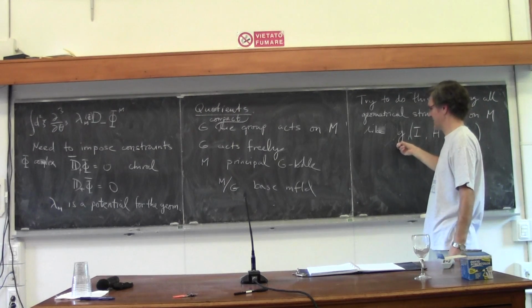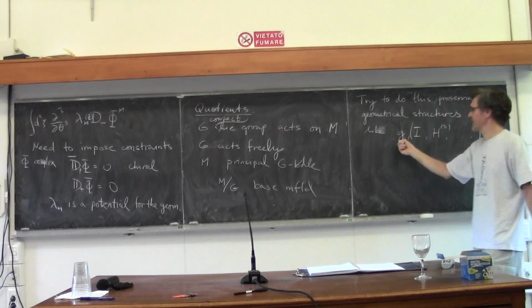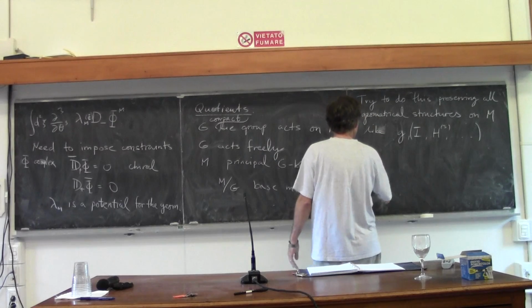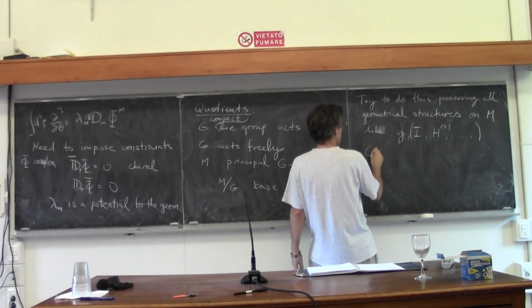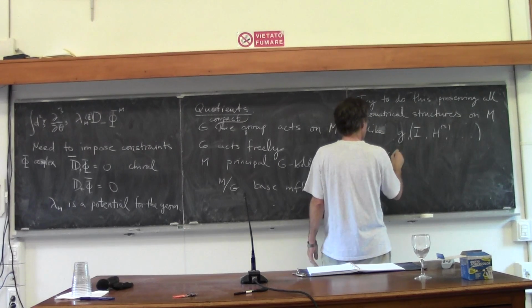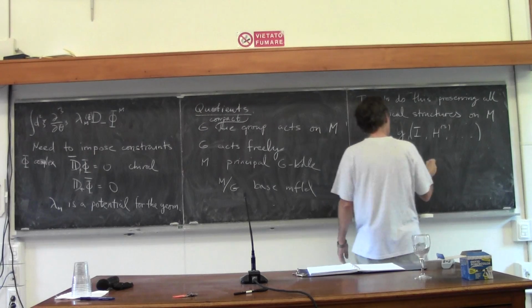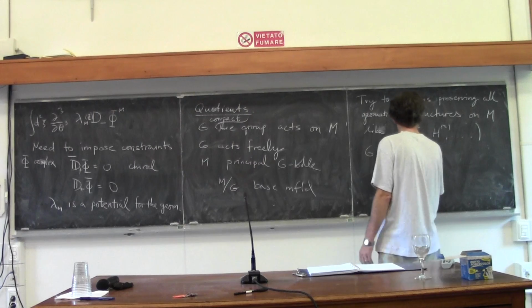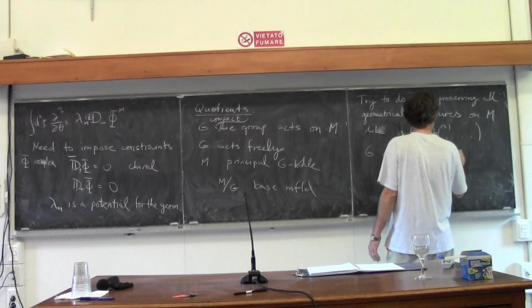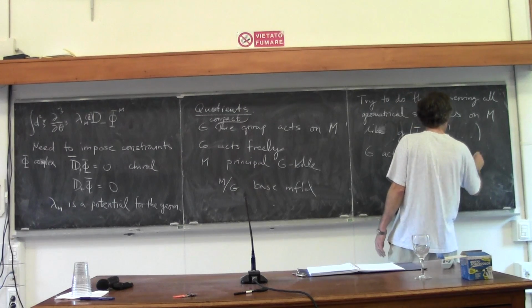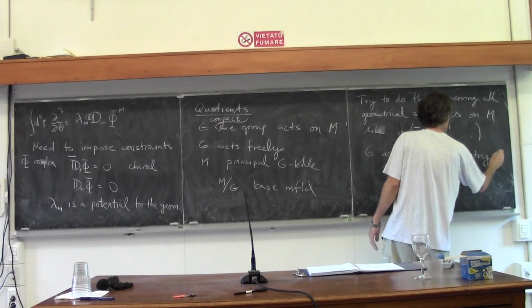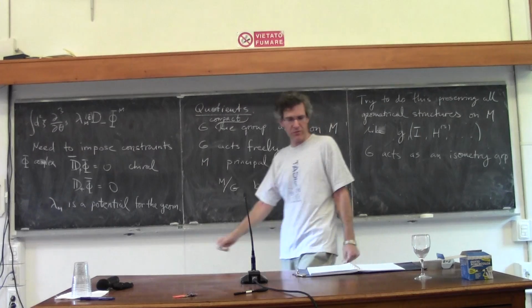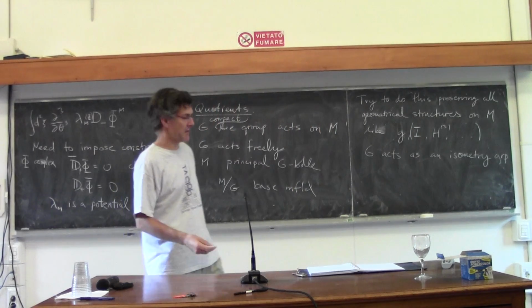Not for any action of G can we preserve the properties of the metric, so the Lie group should act as a symmetry group.